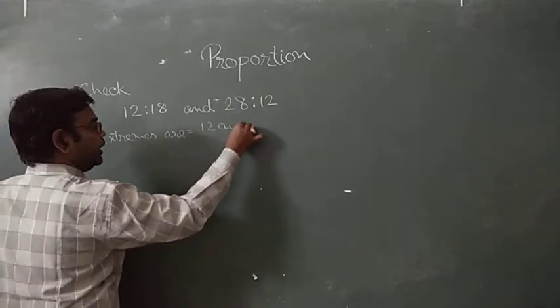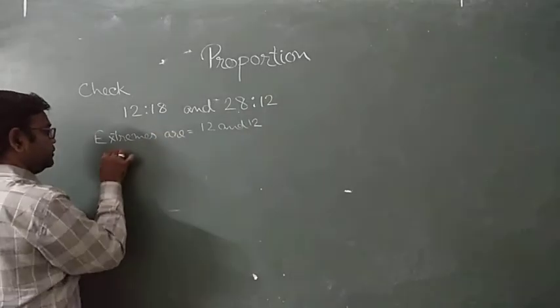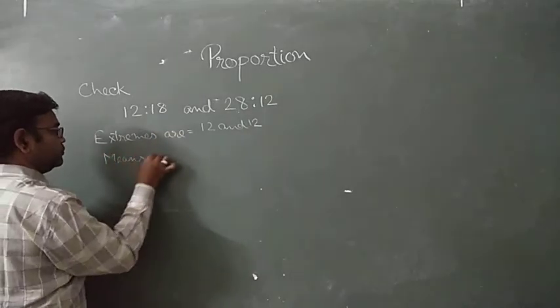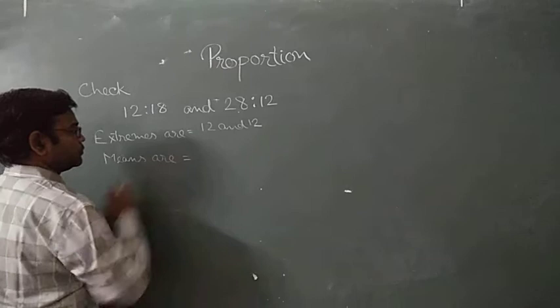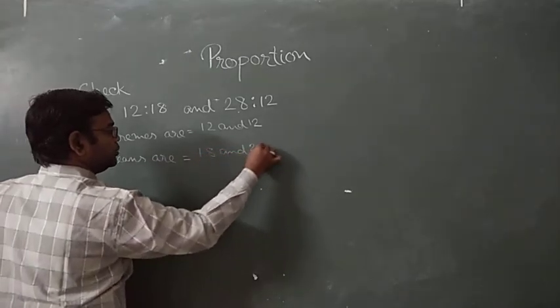"12 and 12" means first 12 and second 12. Means are 18 and 28.